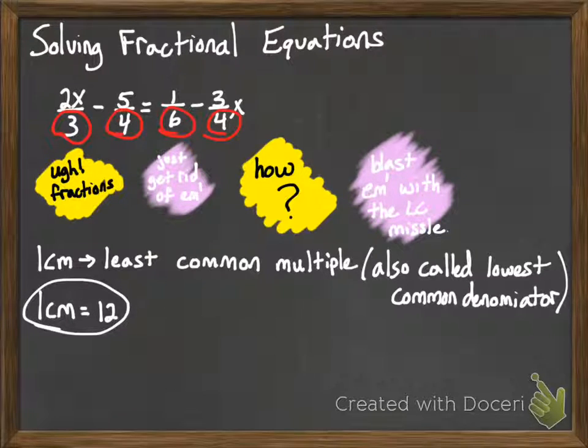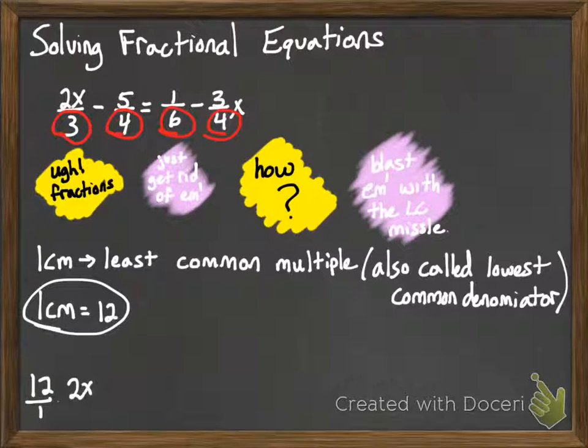Now, how do we blast them with that LCM? Well, the idea is, since every denominator will go into 12, if we were to multiply the whole equation by 12, all those fractions would divide into 12. And we're able to multiply or divide both sides of the equation by any number we want, as long as it's not 0. So we proceed to write that down now, 12 times each thing.